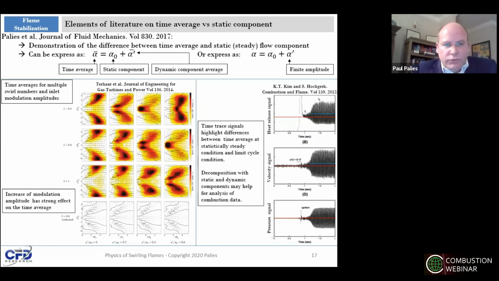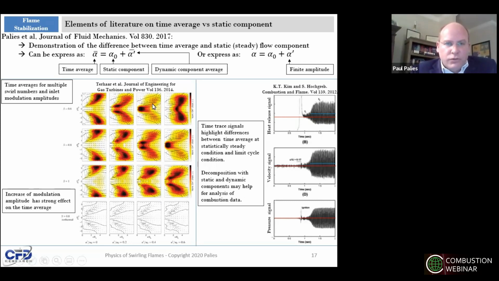But first of all, I want to highlight a little difference between the time average and the static field. So we know the time average can be obtained from data, but we also can show that the time average is the sum of a static component and the time average of a fluctuation with respect to that static component.